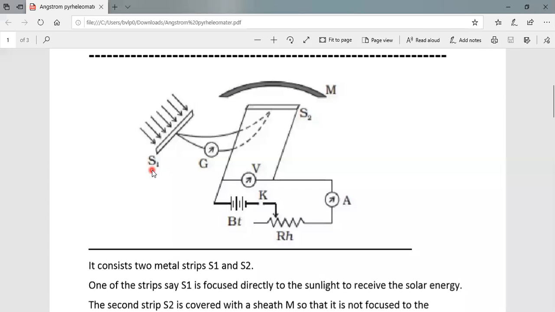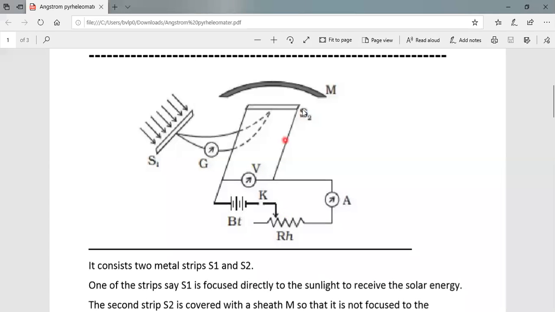A thermocouple is connected between these two metal strips. The two junctions of the thermocouple are connected so that one junction is at S1, which is at high temperature, and the second junction is at S2, at low temperature. Due to the difference in temperature, the galvanometer shows a deflection because a current is flowing through the thermocouple. So this is the first arrangement. The second arrangement is an electric circuit connected to the second metal strip S2.